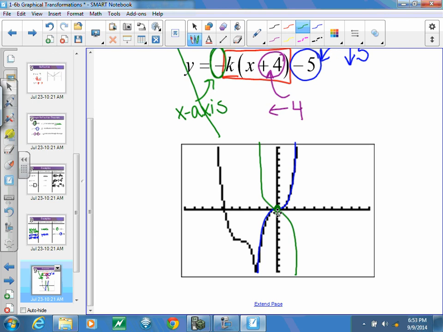Now, this point of 0, 0 is being moved to the left 4 units, and it's moving down 5 units, and that's where we're at now. So this graph now is the same thing. It's a reflection over the x-axis. It's been moved over to the left 4 units, and it's moved down 5 units.